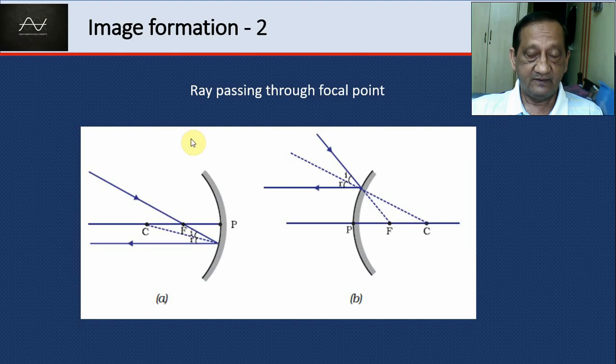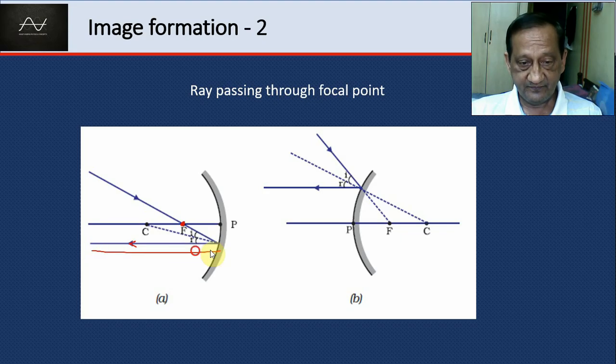Second, the ray that goes through the focal point will emerge parallel to the principal axis. This is also called the principle of reversibility of light. If a ray of light were coming this way, it would have gone this way, passing through the focal point.